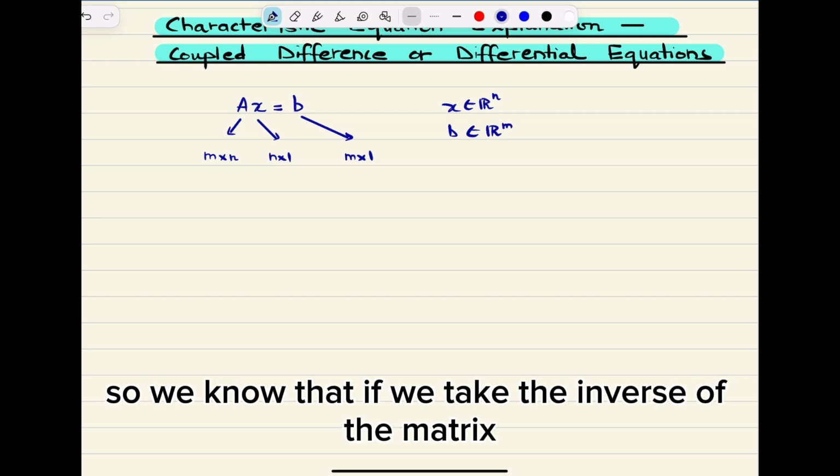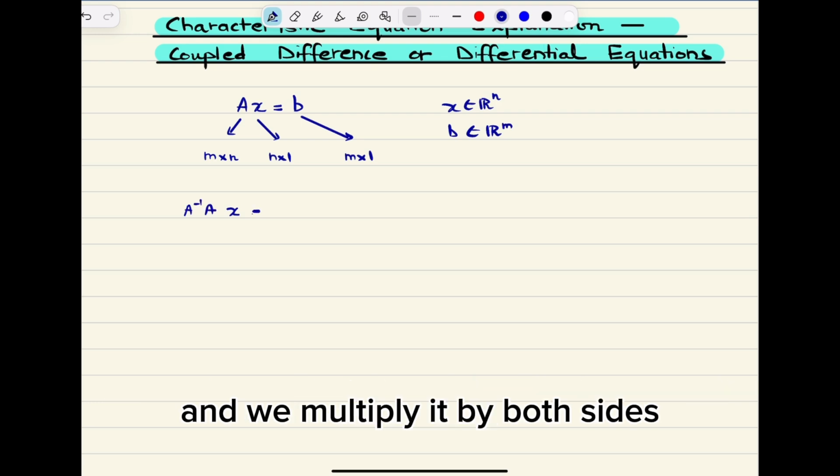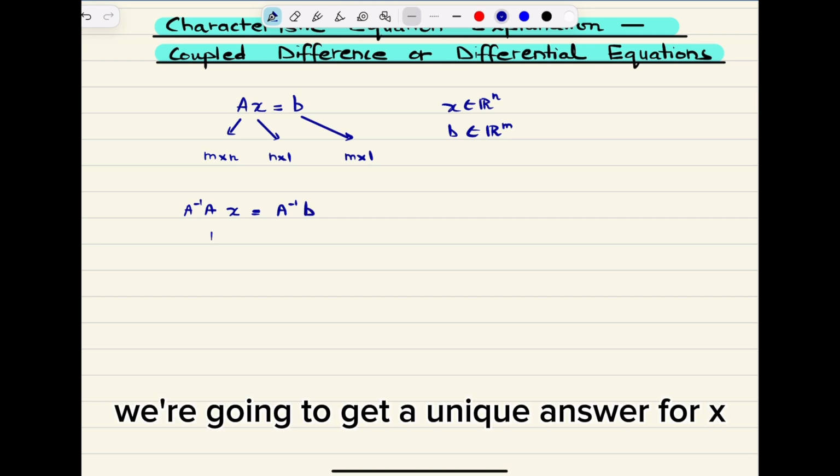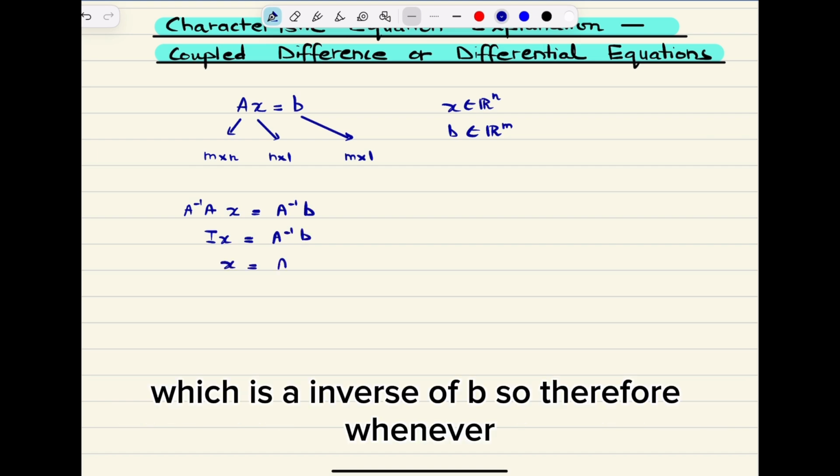Okay, we know that a solution will exist when the inverse of the matrix exists, right? If we take the inverse of the matrix and multiply it on both sides, we get a unique answer for x, which is A inverse times b.